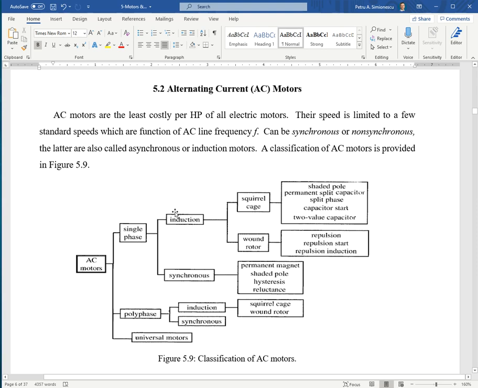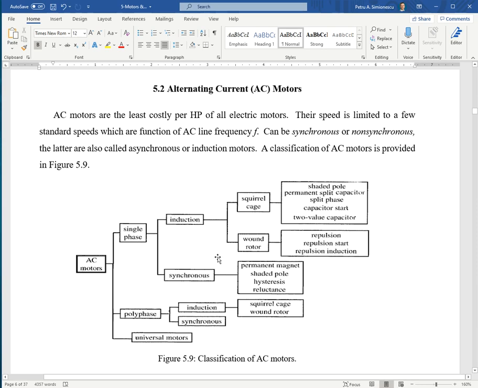In induction motors, the rotor circuit is not powered through cables from the outside.